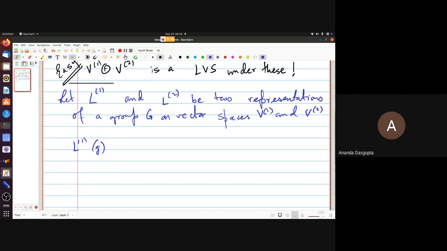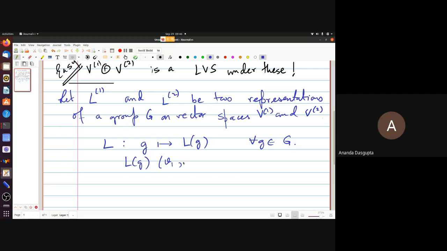So what we need now is a definition of our operator L(g) for every g, so I now want to define a representation on the direct sum space. So I want to define an L which will take g to an L(g), of course this works for all g belonging to capital G, where L(g) has to do something to an element of V1 direct sum V2.